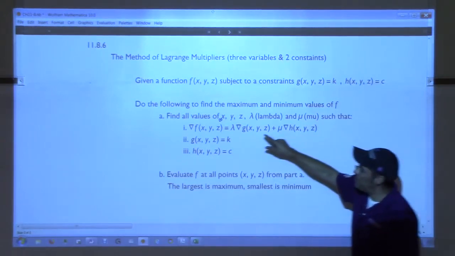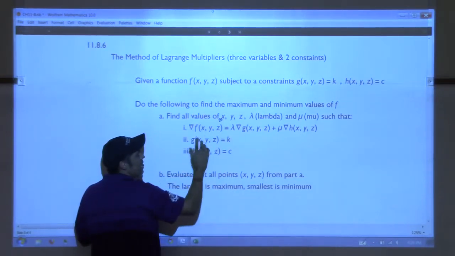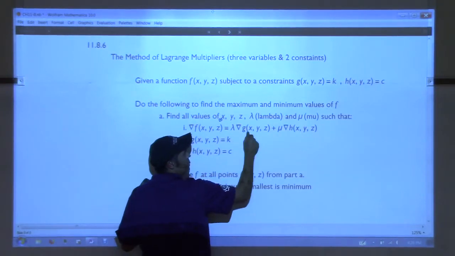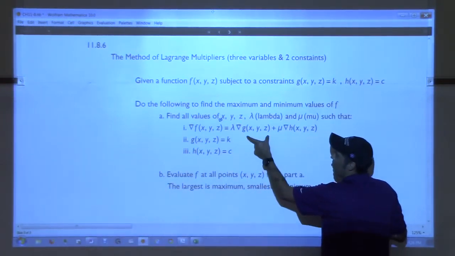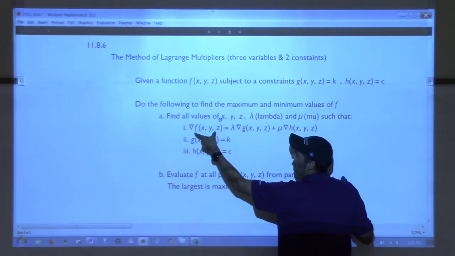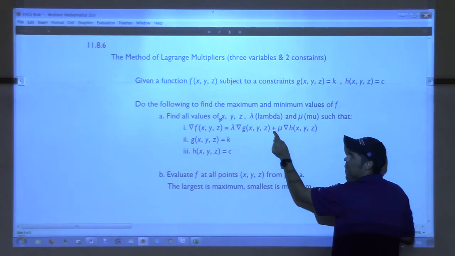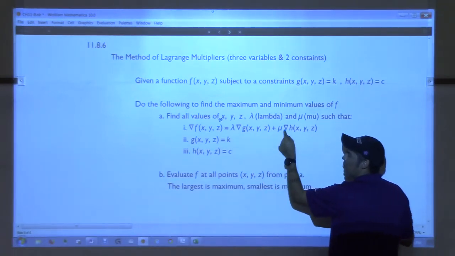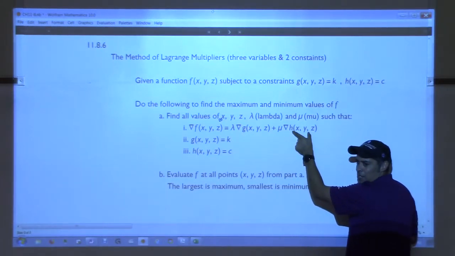And so what we need is that the gradient of our objective function is not just parallel to the gradient of g, it must be some linear combination: some scalar lambda times the gradient of g plus some new scalar mu times the gradient of h.